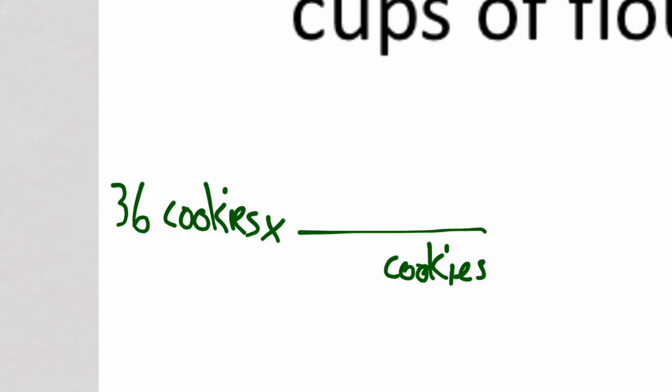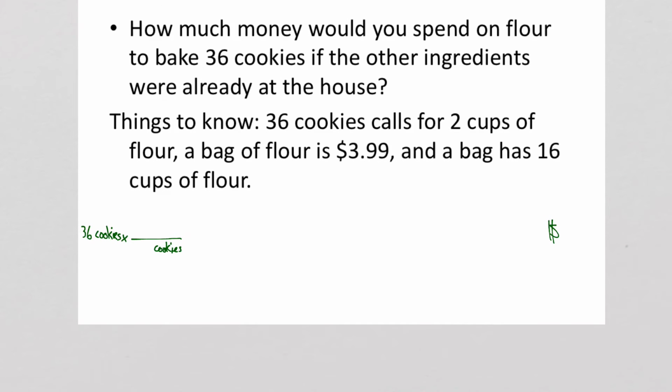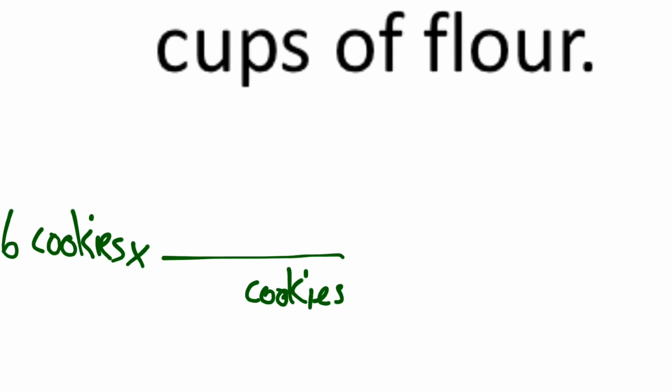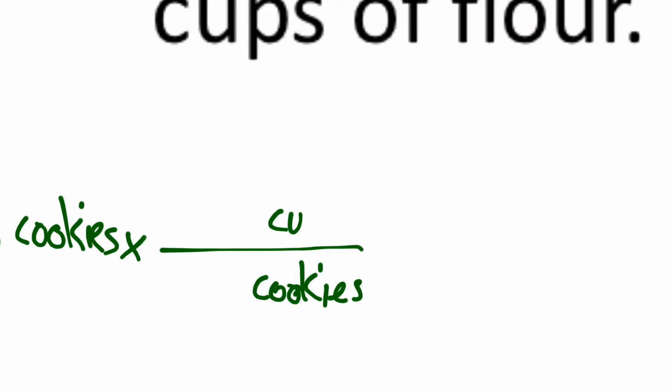Okay, now do I have any relationship between cookies and money? Always look at what's on the bottom with what you're trying to find. Any relationship between cookies and money here? No. I do see I have cookies related to cups of flour. So, cups of flour. Okay, I'm not going to fill in my numbers yet.